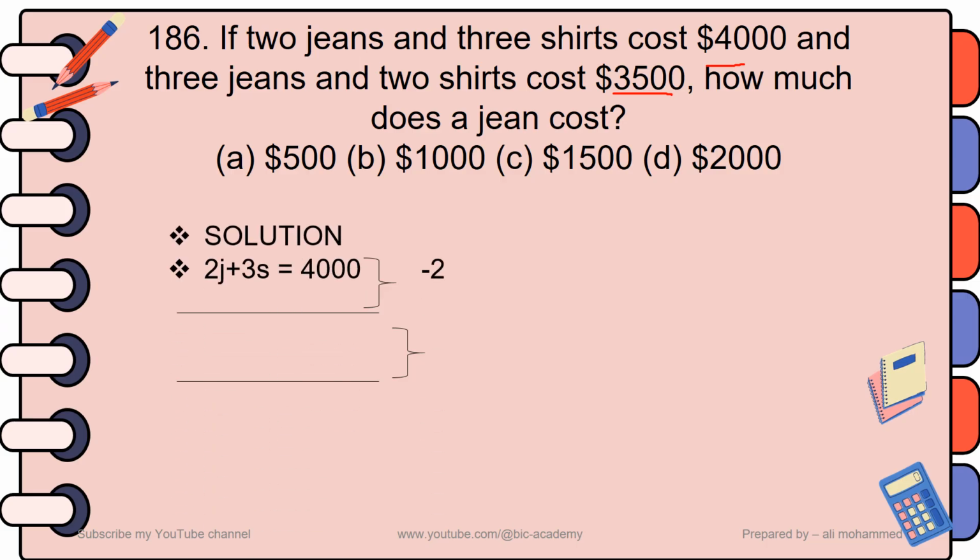First, you have the information which says that two jeans and three shirts is equal to $4,000, and you can write 2J plus 3S which is equal to 4,000.